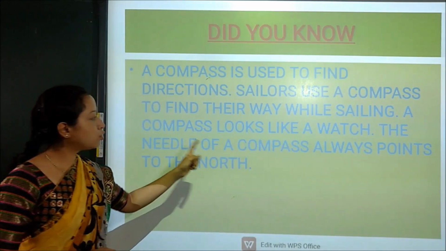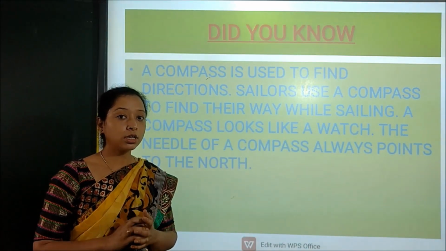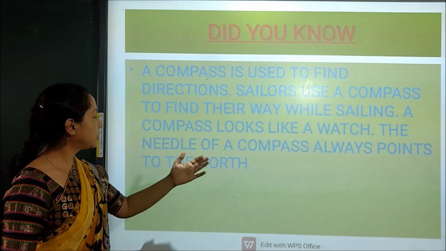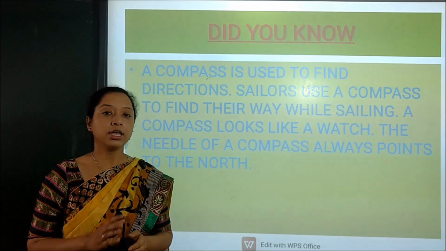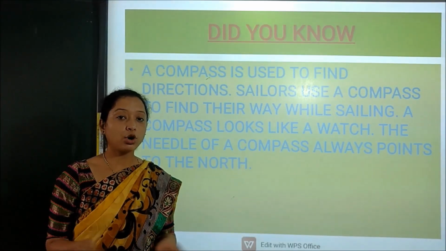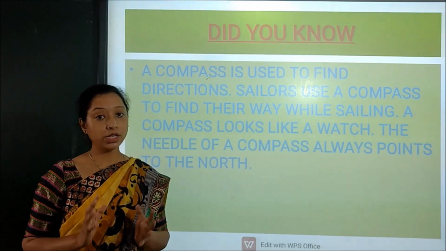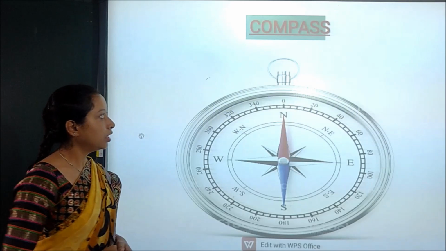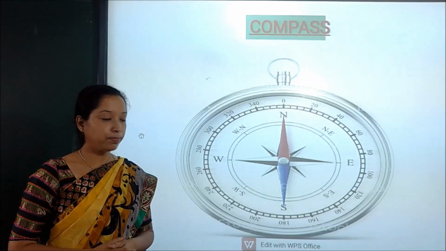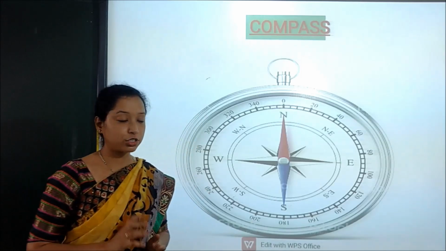A compass looks like a watch. You have seen a watch? So a compass looks like a watch. The needle of a compass always points to the north direction. Now we see the picture of a compass. Here you can see it is looking just like a watch.